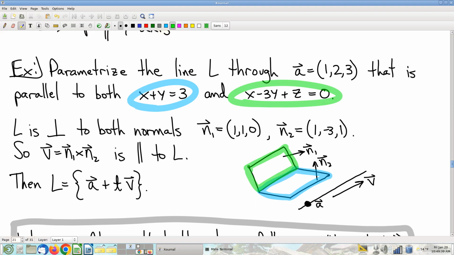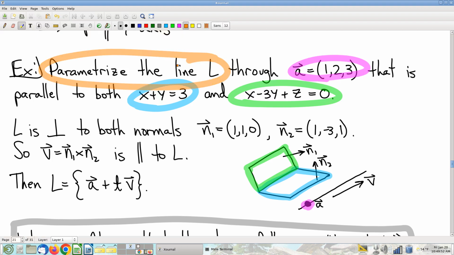We've got some point given. That's all given. And what I want to find is a parameterization of the resulting line, the line in particular that's parallel to both of the planes and that contains the given point.